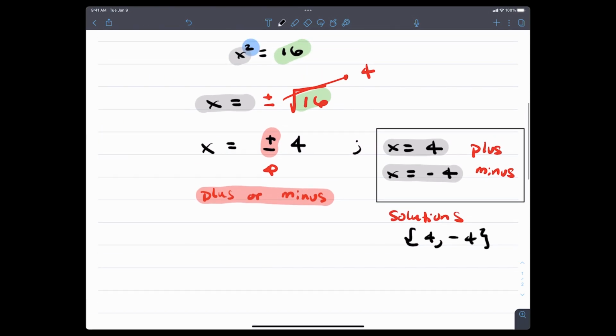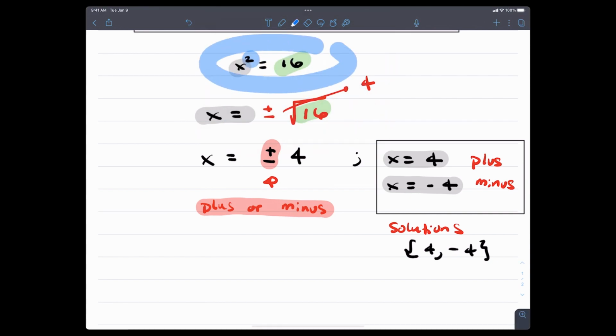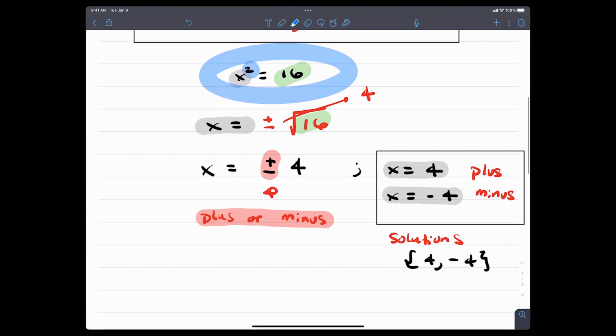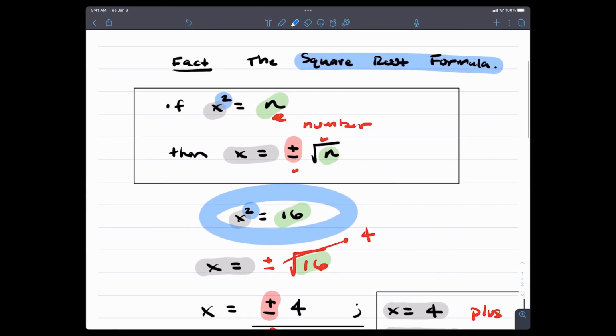There are your solutions to the equation that you started off with. You just have to know that this is called the square root formula. That's what it's known as.